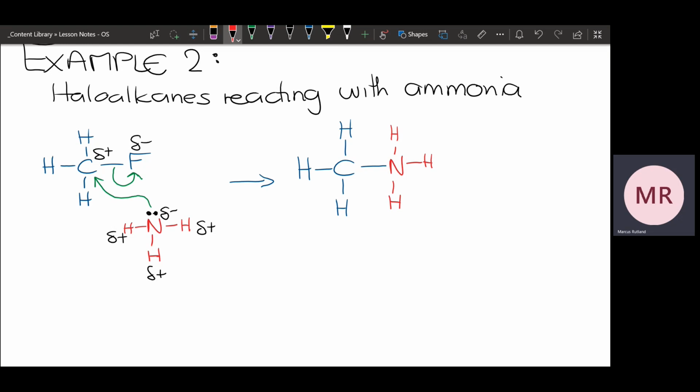And so at the moment, the nitrogen has more bonds there than it should have. So this is a little problem. The F has come off as a negative ion.